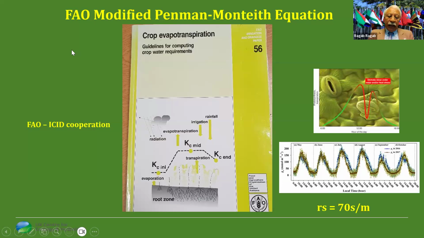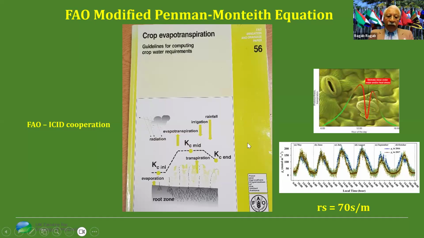So they assumed the stomata conductance or resistance to be represented by an average seasonal value of 70 seconds per meter. So that was a flat, straight, horizontal line, instead of the sine wave function as we see in nature. So this is the natural way of the stomata conductance or resistance.